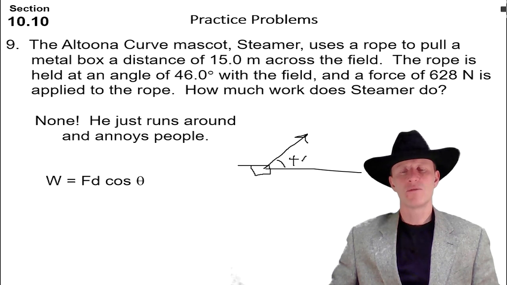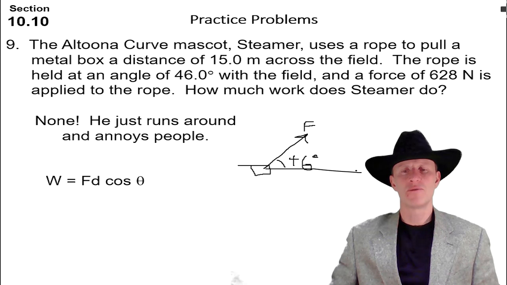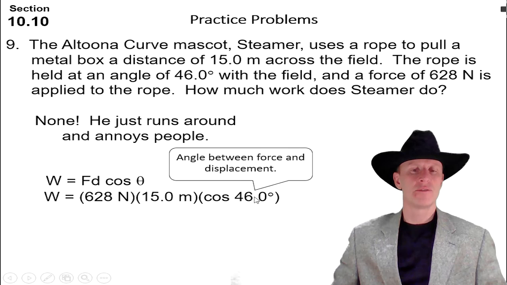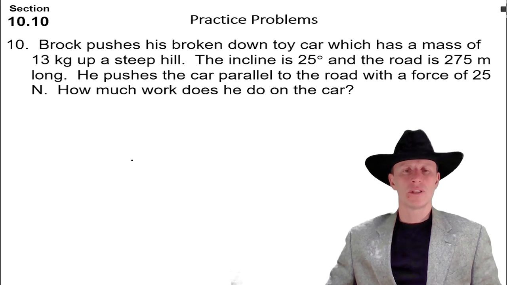So this would be the direction that he is pulling, the direction of the force, and this would be the direction of the displacement. The angle between them is 46 degrees. So we have 628 newtons times 15 meters times the cosine of that 46 degrees, which gives us 6,540 joules of energy.